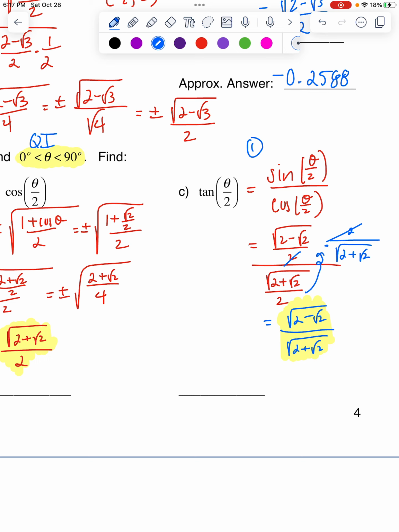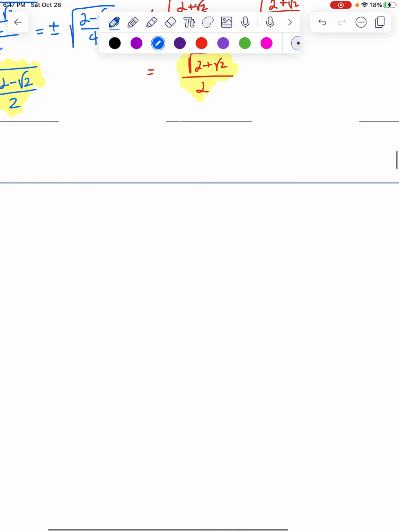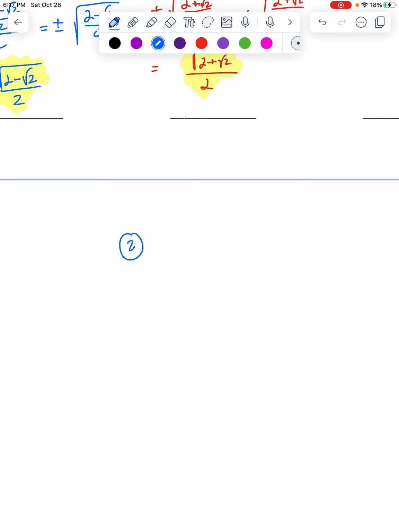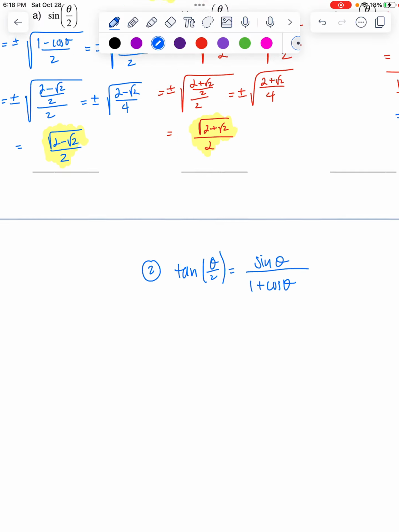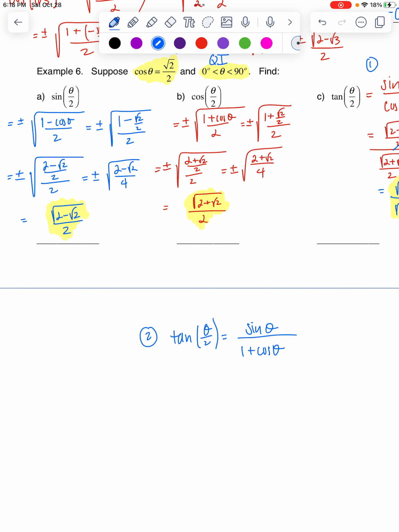But let's go ahead and try solving it with the formula that we just learned. So this is the second method to find the tangent of our half angle. That formula was just sine of theta all over 1 plus cosine of theta. Now it gave us cosine of theta as root 2 over 2. I hope we know by now that the sine of theta would also be root 2 over 2. So we have root 2 over 2 divided by 1 plus root 2 over 2.